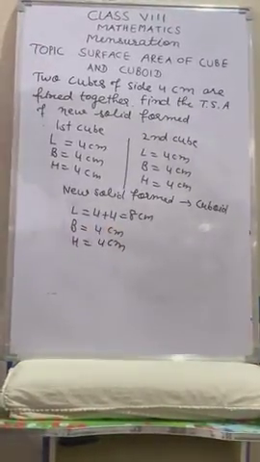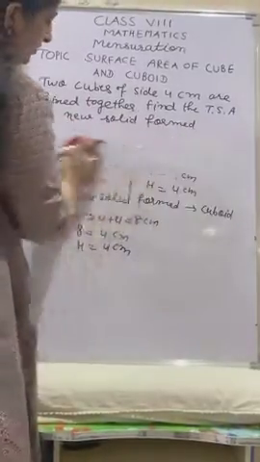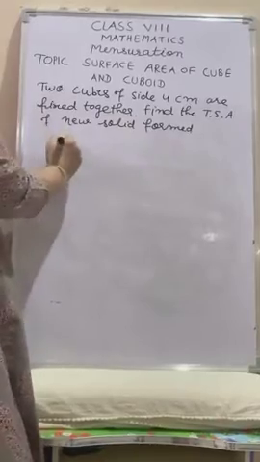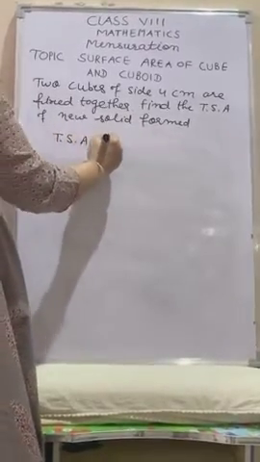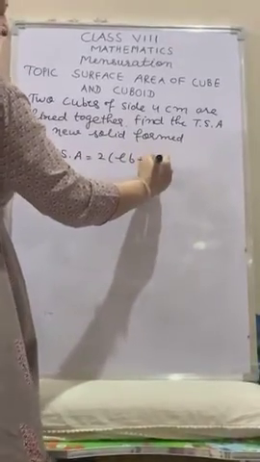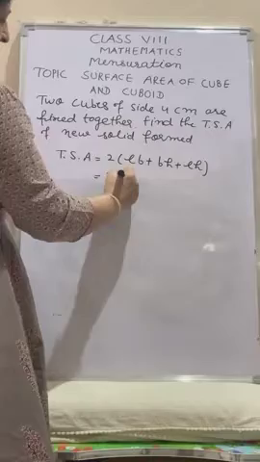Now we can find out the total surface area of this cuboid. Total surface area is two faces LB, two faces BH and two faces LH, all in unit centimeter.